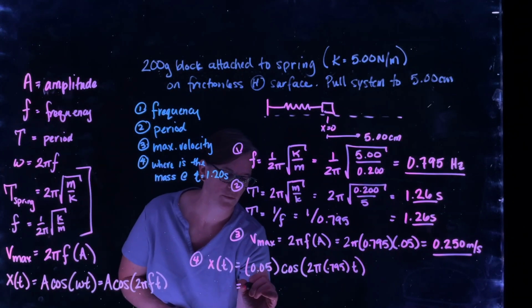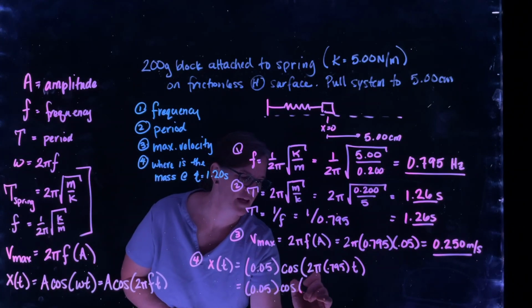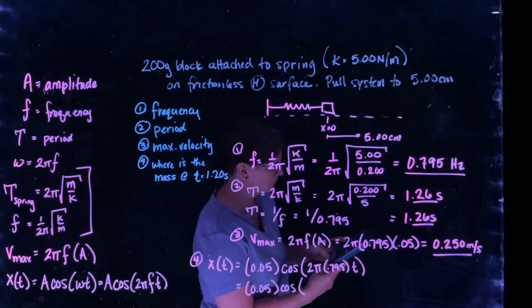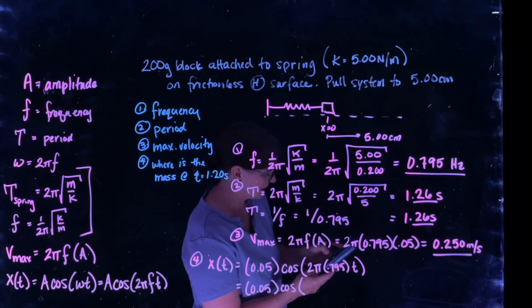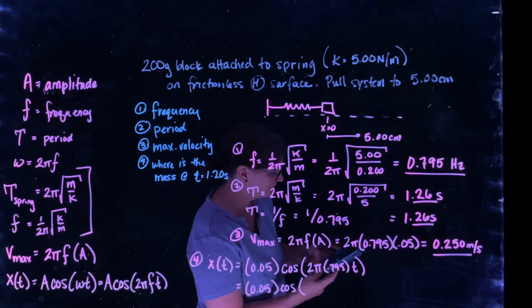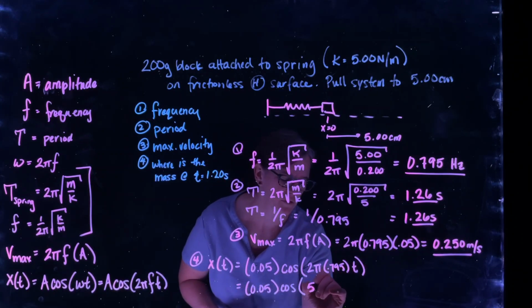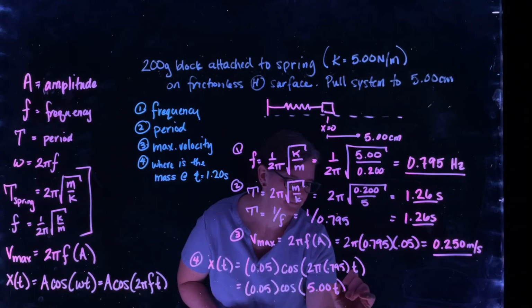So our equation of motion is 0.05 times the cosine of, and I'm just going to do that out for us, 2 times pi times 0.795. We get 4.9 or 5.0 t.